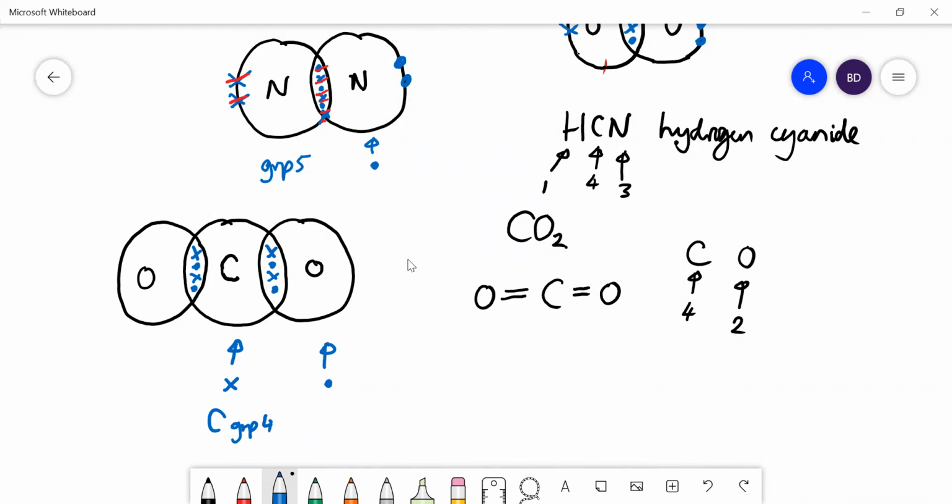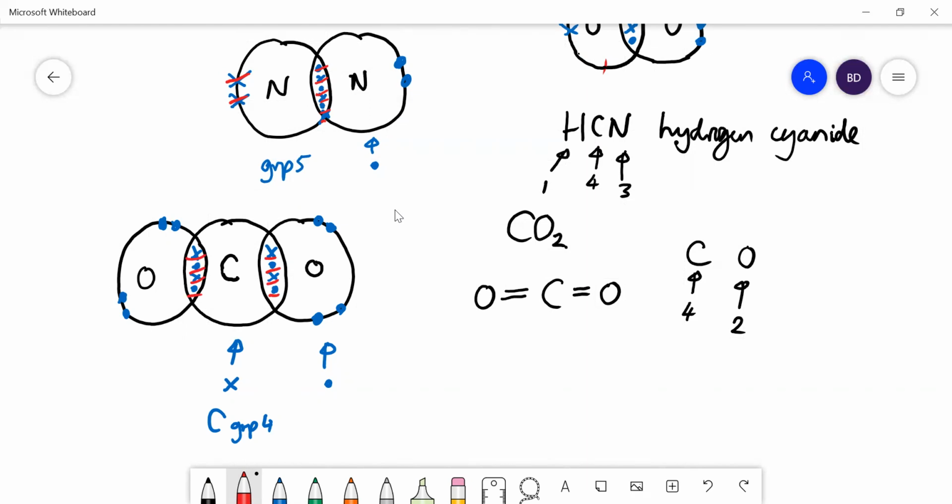Let's look at oxygen. Oxygen is in group 6. I've only drawn 2, so we need to draw 4 more. And the same for this one. Right, let's check all the atoms think they've got a full outer shell. Well, we can see that the carbon thinks it's got 8, because it's got 4, 1, 2, 3, 4, 5, 6, 7, 8.